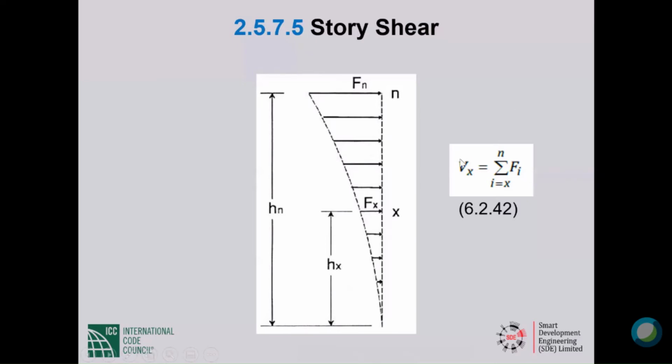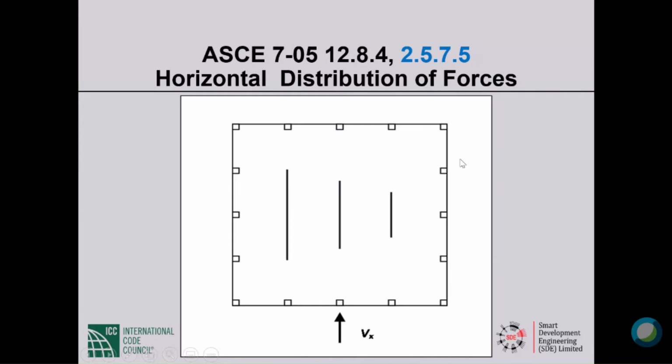That is story shear. So this is the plan of a building where we have, in the up and down direction, 2 moment frames and 3 shear walls of unequal length. How is the story shear distributed among the 5 resisting elements, the 2 frames and the 3 shear walls? The answer is in proportion to their relative lateral rigidities.